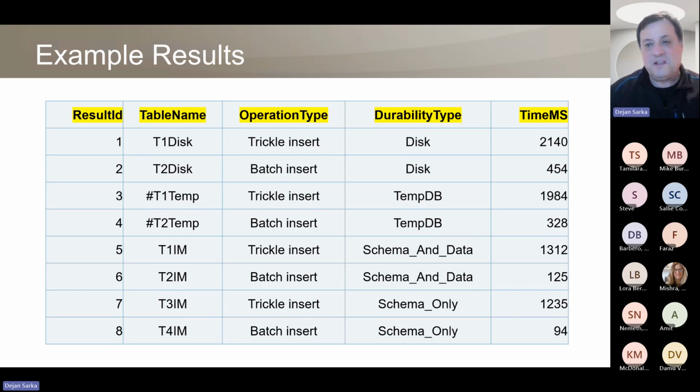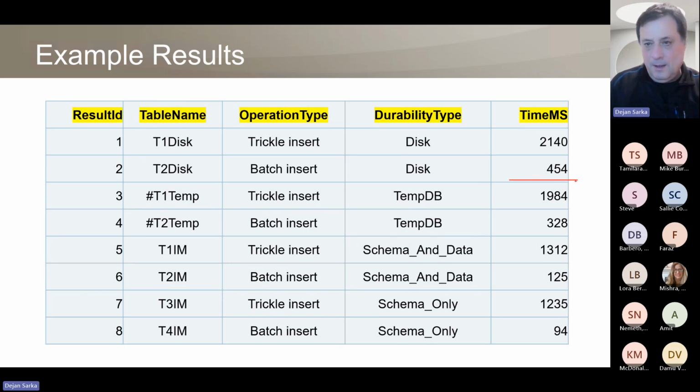If you use trickle inserts, since you are doing this in overnight batch jobs, maybe it doesn't even make sense to complicate things with memory optimized tables. The single most important thing here is to do batch inserts, minimally locked inserts.